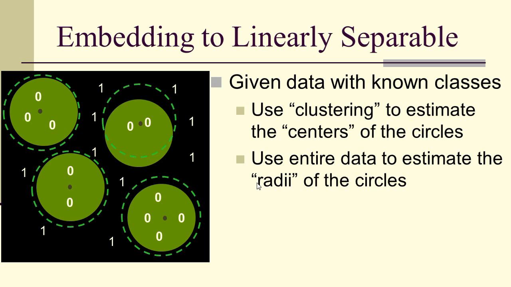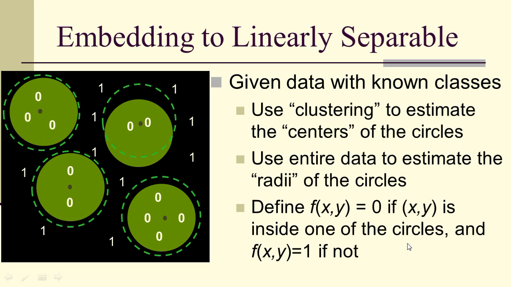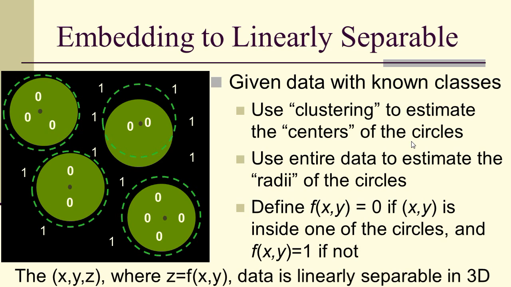Then we can estimate the radii, and then we can define a function that's 0 if xy is inside one of the circles and 1 otherwise. And this would actually lead to a data set xyz for z equals f of xy, where in 3 dimensions we would have separable data.